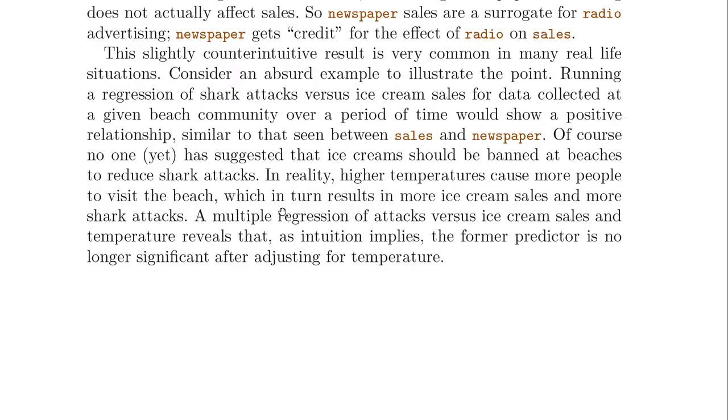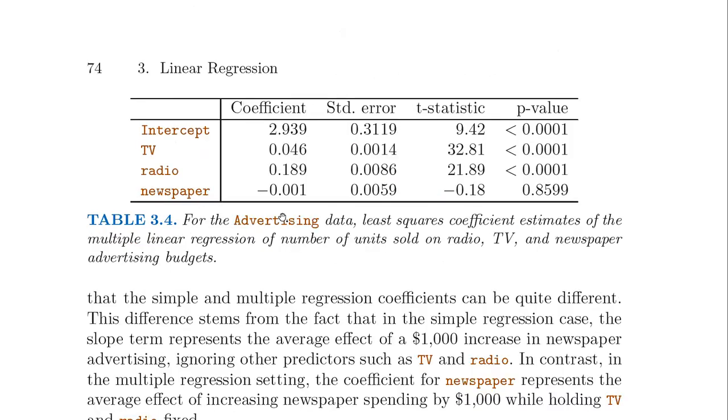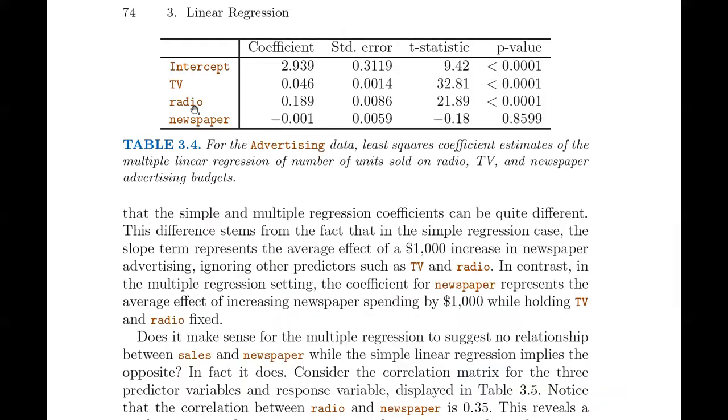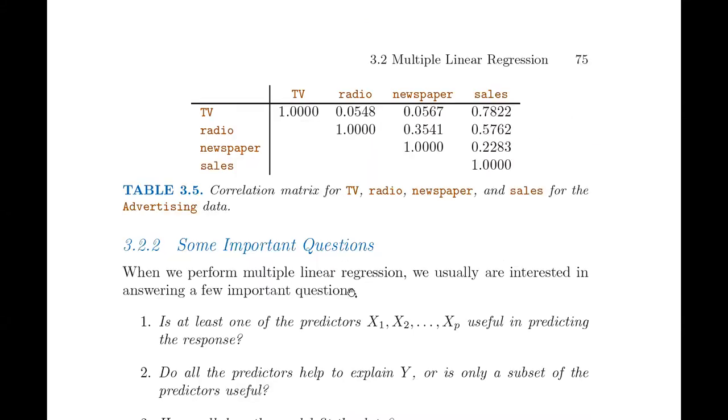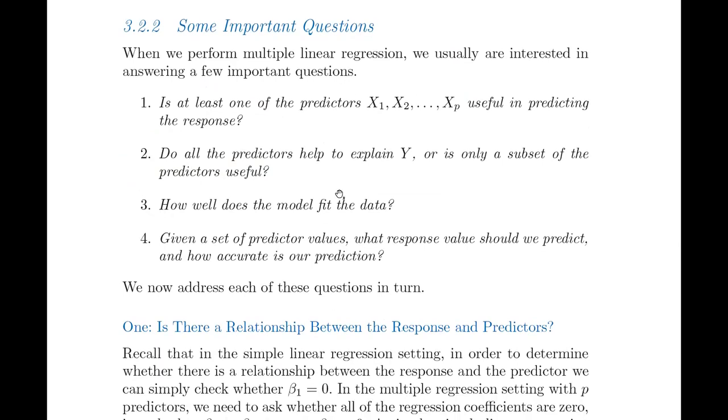Same thing in what we're doing over here. Now that we've included TV and radio, it would appear that newspaper expenditure, newspaper advertising budgets, do not actually influence the number of sales.